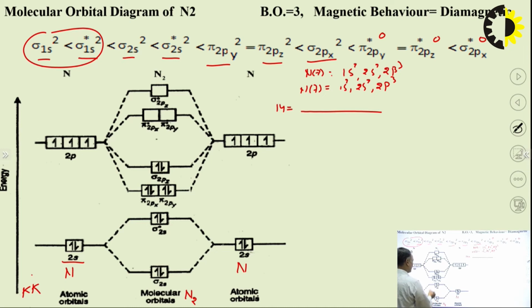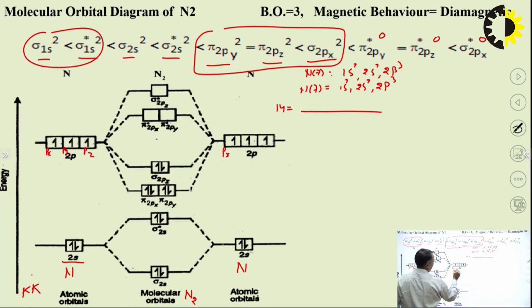2 electrons here, 2 electrons here. This is the bonding molecular orbital, this is the anti-bonding molecular orbital, and in this way the overlapping occurs. For the p orbital, we have px, py, pz, px, py, pz, and they will overlap in this manner so that the pi orbital fills first. In the pi orbitals the electrons come, and the total electrons are 6: 1, 2, 3, 4, 5, 6.